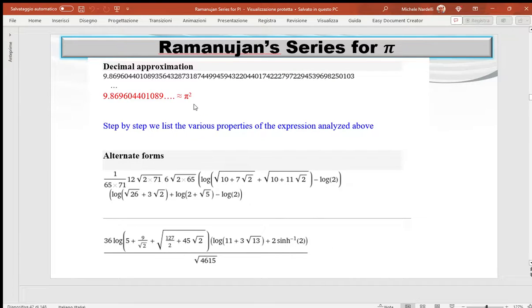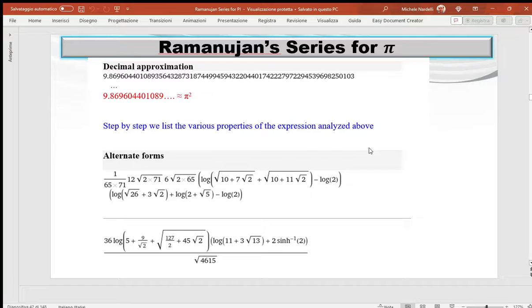Result that is a very good approximation to pi squared. Step by step, we list the various properties of the expression analyzed above, practically the alternate forms.